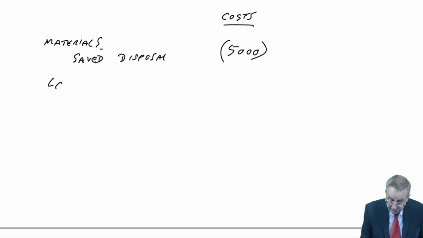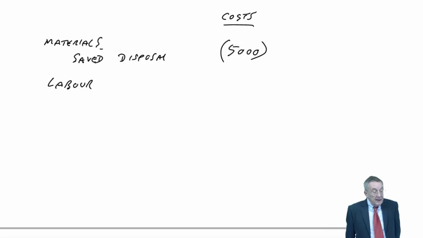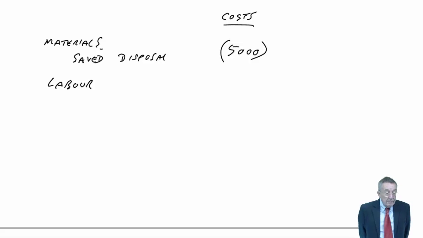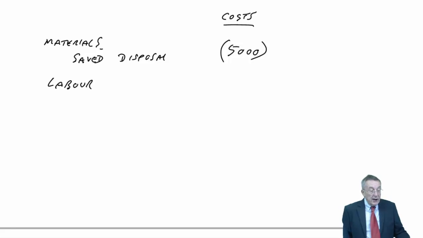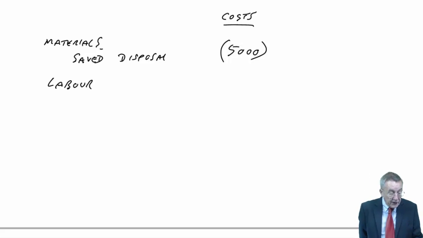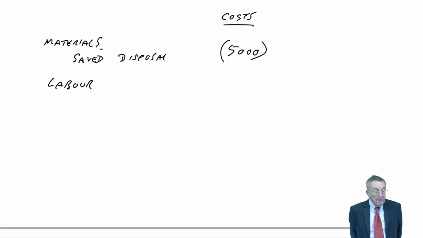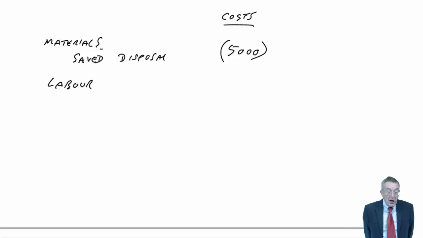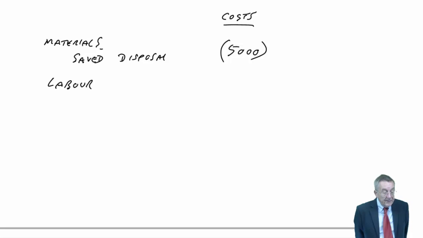Next one, labour. Quite a bit to read here. Skilled labour is hard to recruit. The workers concerned have been transferred to this project from a production department, and the production manager claims that if the men were returned to him, they could generate sales of 150,000 next year.